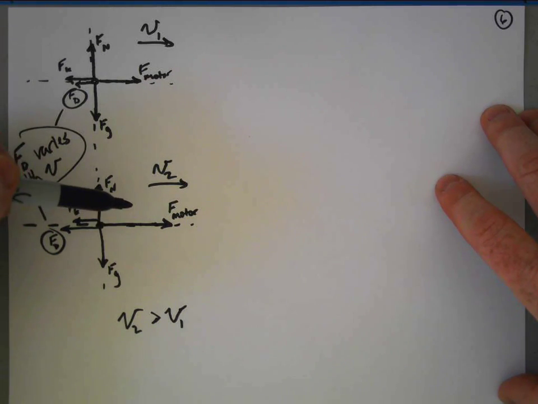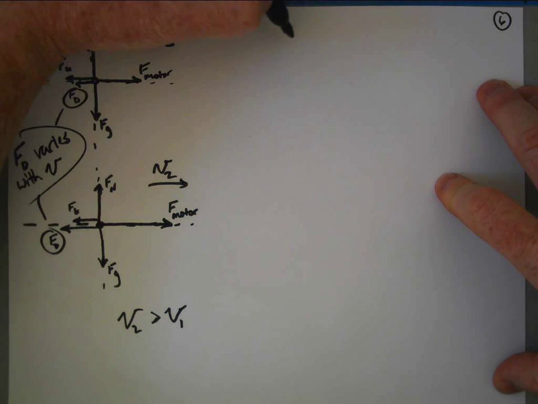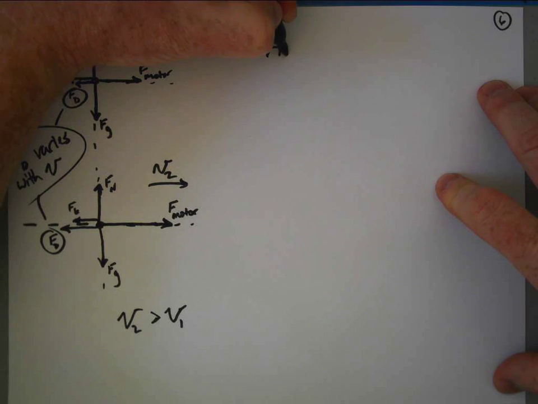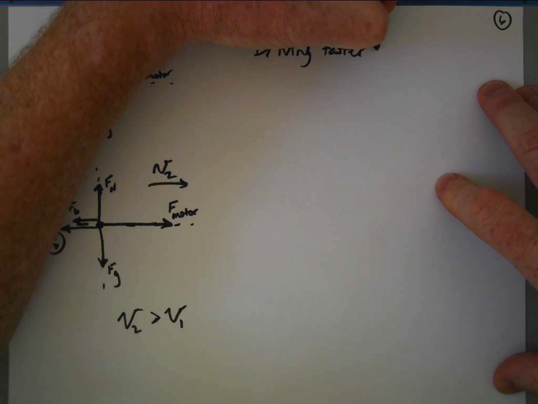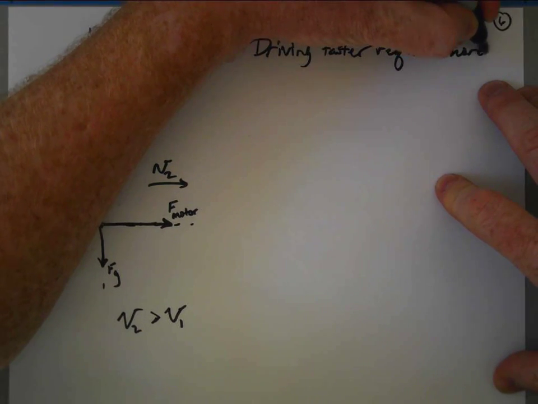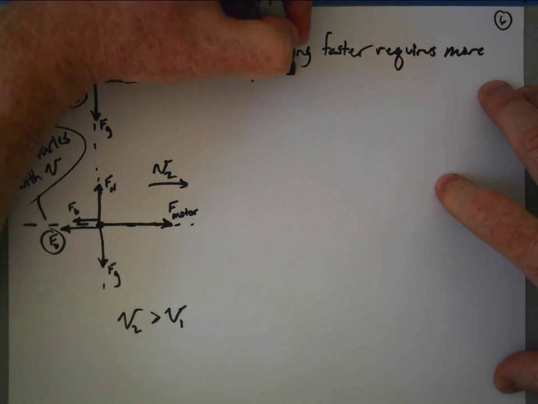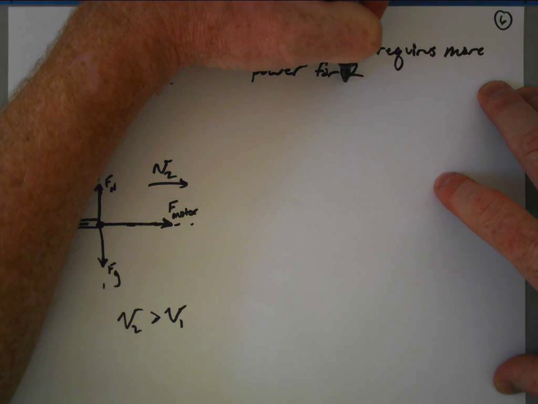It is forced to, in order to maintain these constant velocities. So we'll look at this. Driving faster requires more power for two reasons.